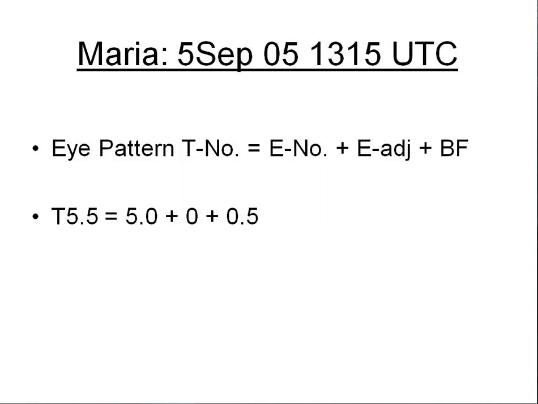So with Maria, we get a T-number of 5.5. This is the sum of three values: 5.0 for the E number, 0 for the eye adjustment factor, and plus 0.5 for banding features.